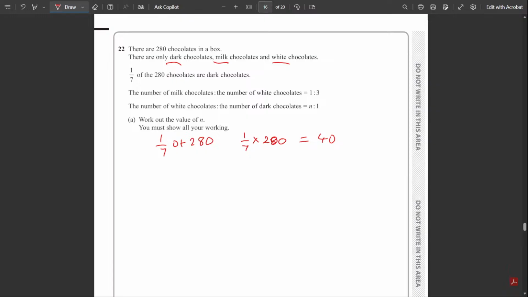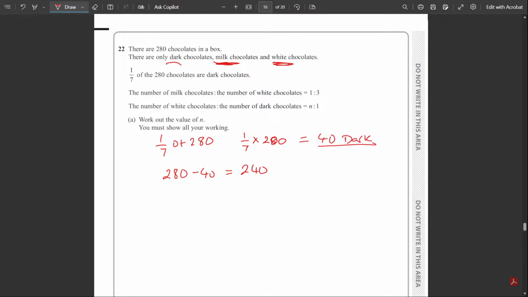So we know we've got 40 dark chocolates, and that will get you a mark. Now, if you know that there are 40 dark chocolates, then the milk and the white chocolate is going to be 40 less. So you do 280 take away 40, so we know that you've got 240 either milk chocolate or white chocolate.